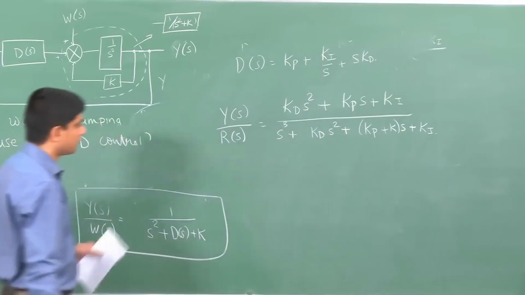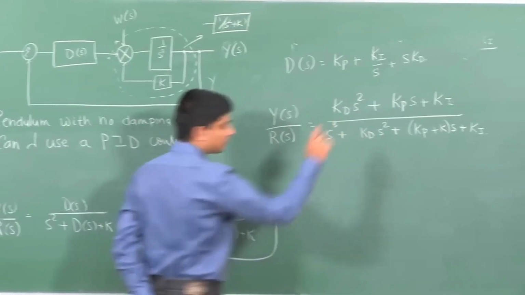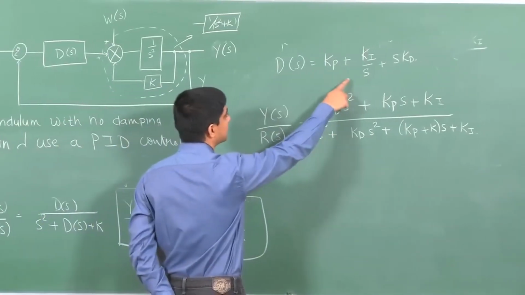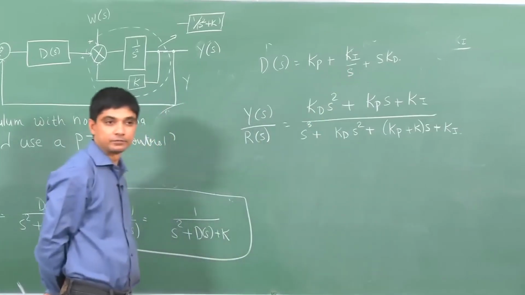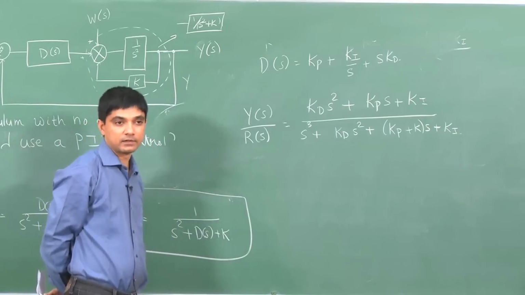Okay. So, this gives me a little bit of hope because the s square term is not 0, and D(s) still has a pole at the origin. Okay. So, the part 1 is satisfied.